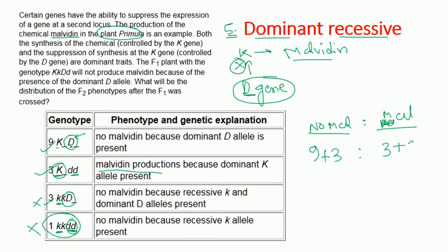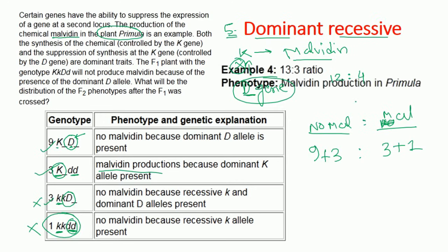So no malvidin production. So what we get, the ratio will be 12:4. Sorry, actually I wrote it wrong here.